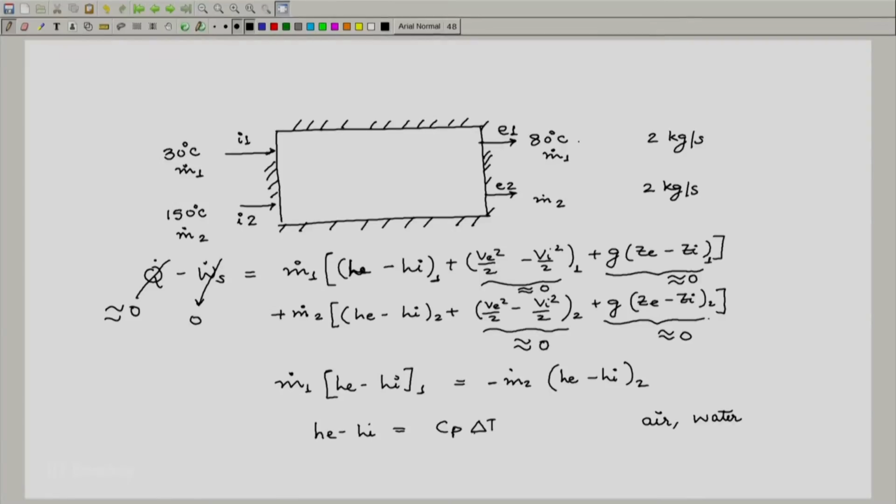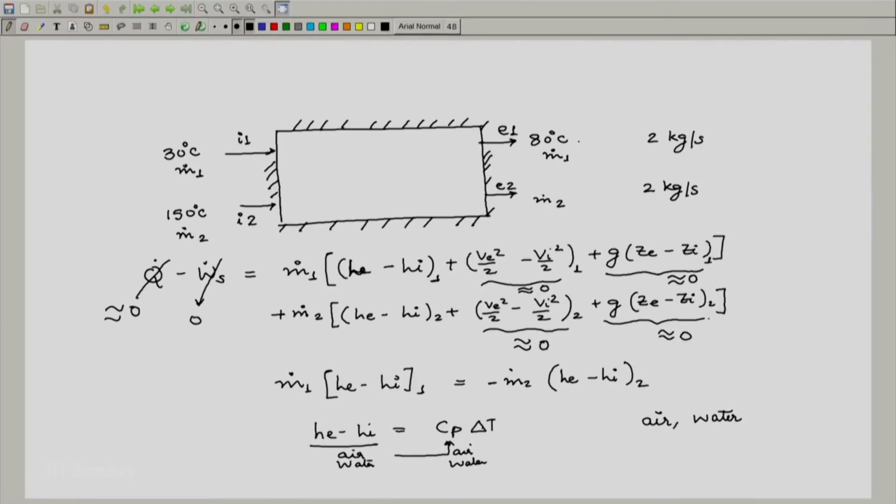We just have to find out the Cp for that fluid. If this is air, then this is air, if this is water, then this would be water, if this is some oil, this would be for that oil, and we assume that it does not change much for this increase in delta T.